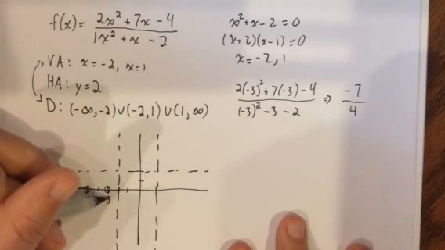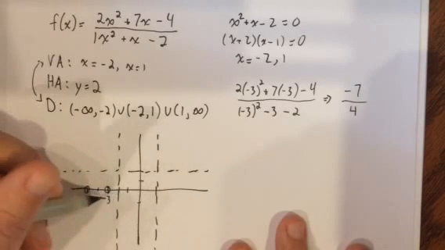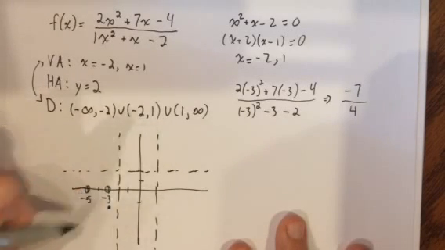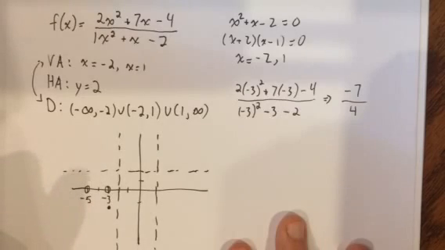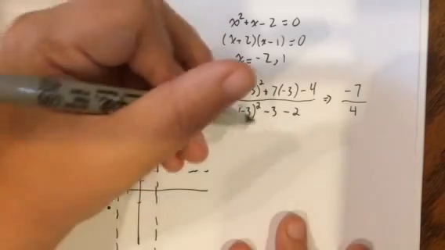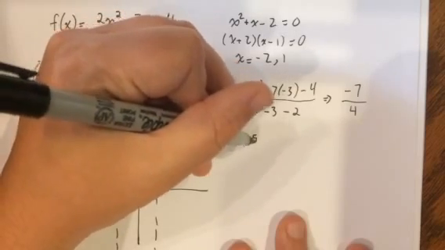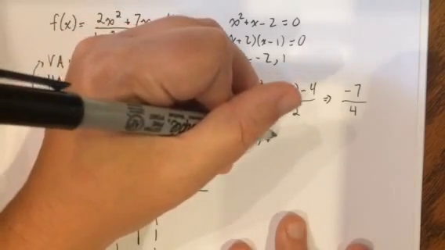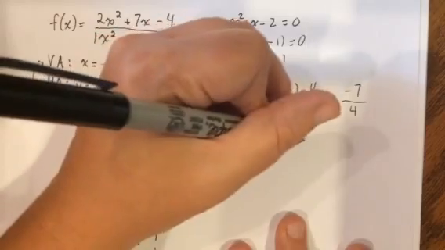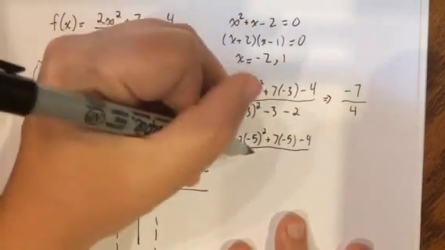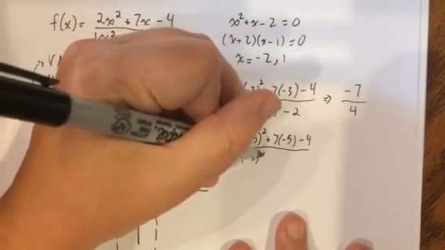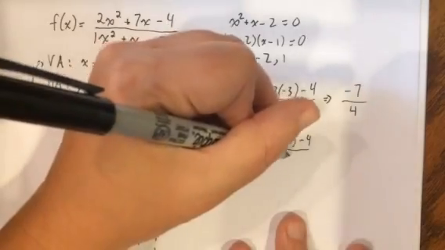So at negative 3, I was still in the negative, a little bit below negative 1, so I was right about here. If I sub in negative 5, I'd be doing the same thing. I would get 2 times negative 5 squared plus 7 times negative 5 minus 4, all over negative 5 squared minus 3 minus 2.